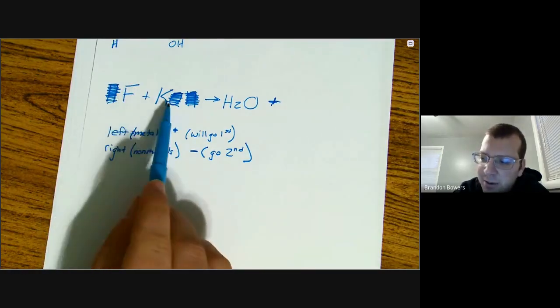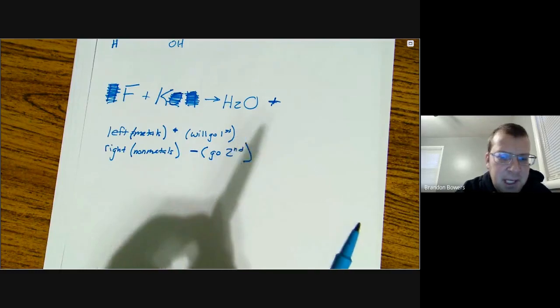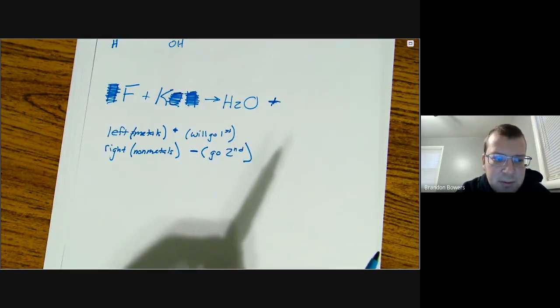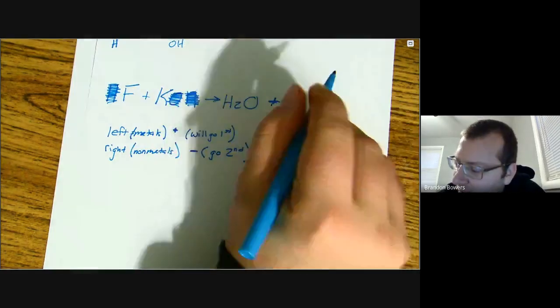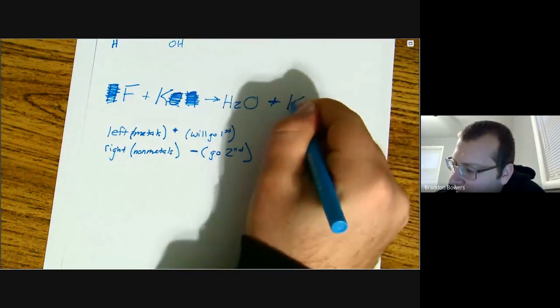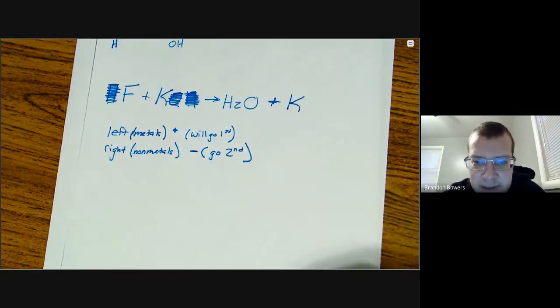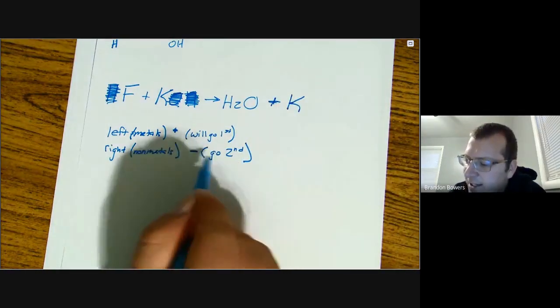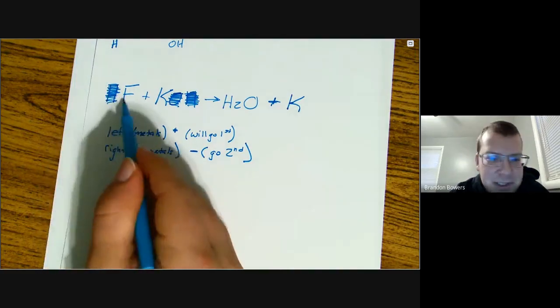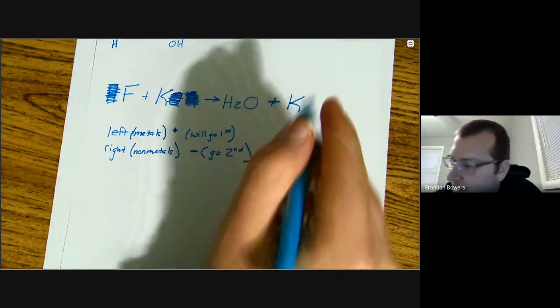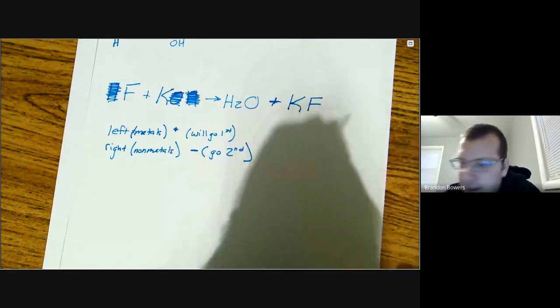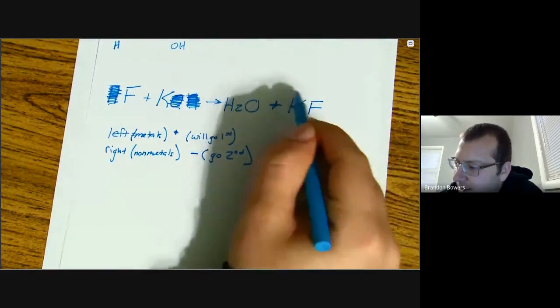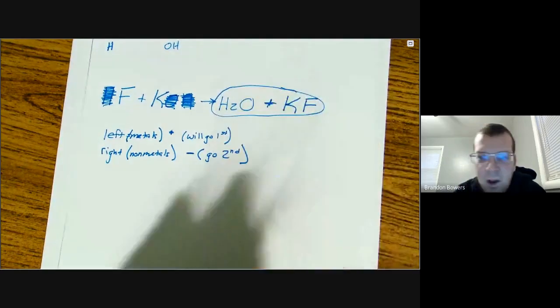Is fluorine or potassium on the left of the periodic table? Hopefully you saw a K in the first column, so K represents the first element. What goes second is elements on the right, and hopefully you see fluorine at the top of column 17. That's our answer: KF plus water.